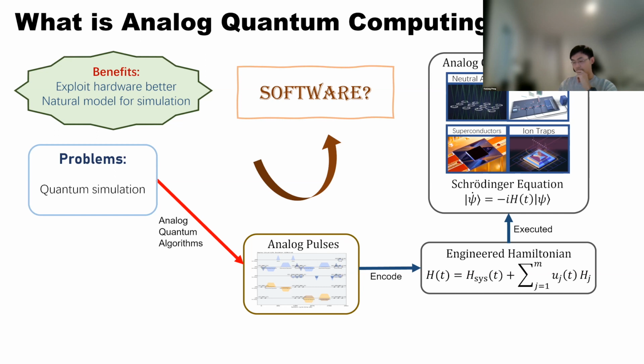There are only very hardware-specific tools, maybe Qiskit Pulse, Qiskit OpenPulse, which can be used to program the superconducting computers, and maybe Pulser or QuEra Bloqade, which can be used to program the Rydberg systems.